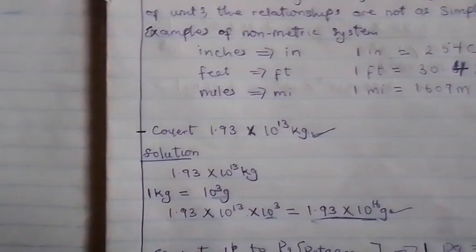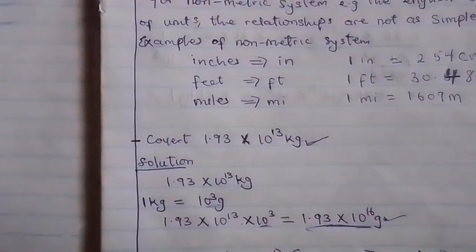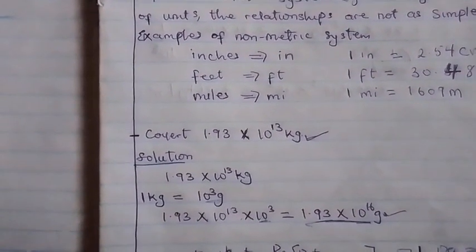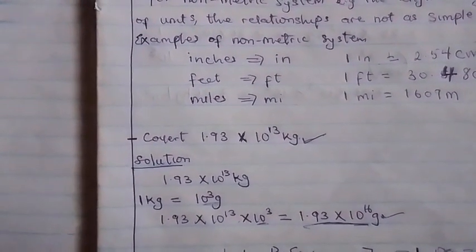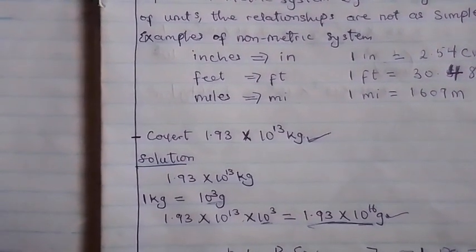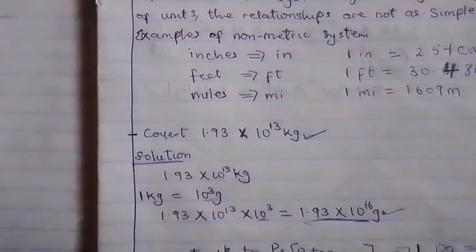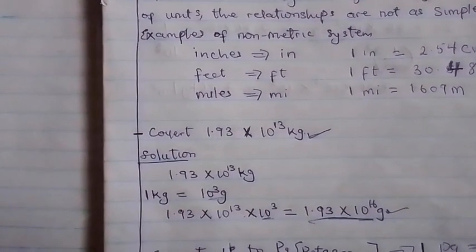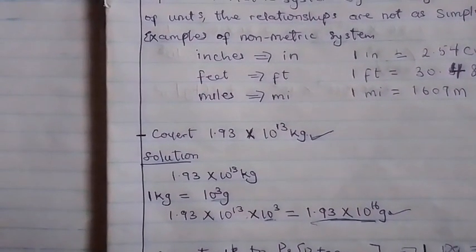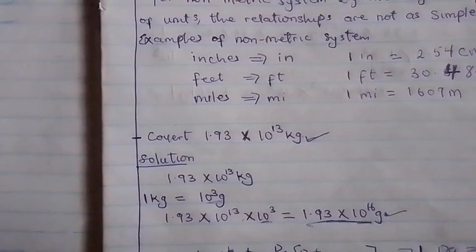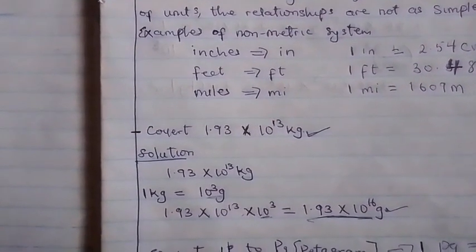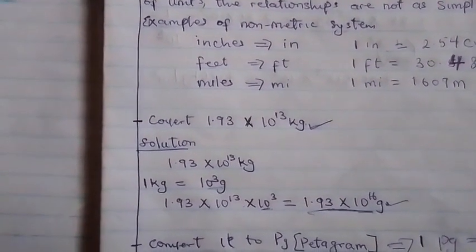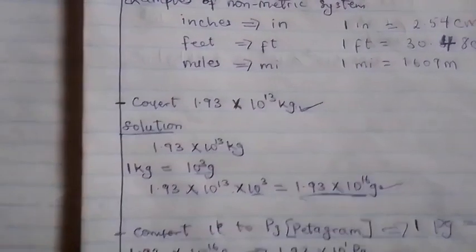The base conversion for kilogram to gram is 1 kilogram equals 10 raised power 3 gram. So 1.93 times 10 raised power 13 kilogram will now be 1.93 times 10 raised power 13 times 3, which is 1.93 times 10 raised power 16 gram.